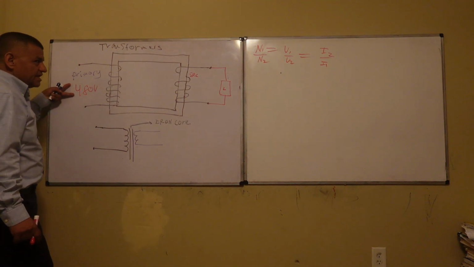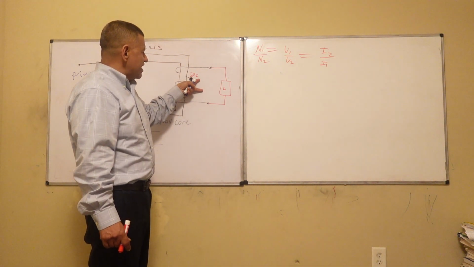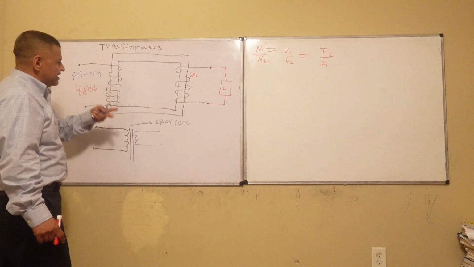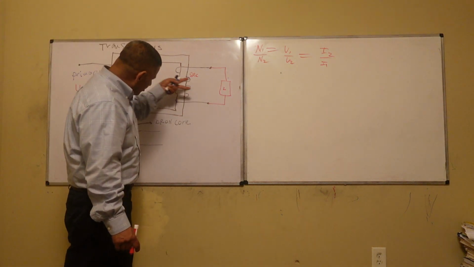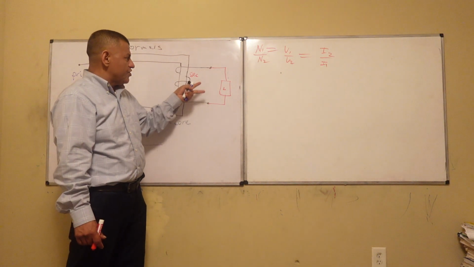You have 480 coming in, and right here you need 120 coming out. So you have a three-phase system coming in, 480, and on this side right here you need 120. How do you do that?